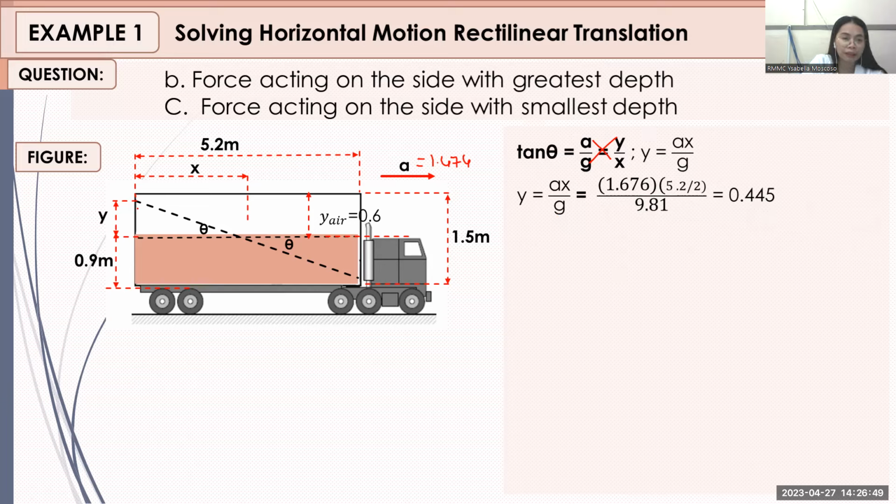Kunin natin yung pagtaas ng tubig because of the acceleration. Okay? Upon solving a while ago, your acceleration is 1.676. Yung x natin, kung centered line yung pagbabasihan natin, that is 5.2 divided by 2, times 9.81. Okay? And the y na makukuha natin dito would be 0.445.